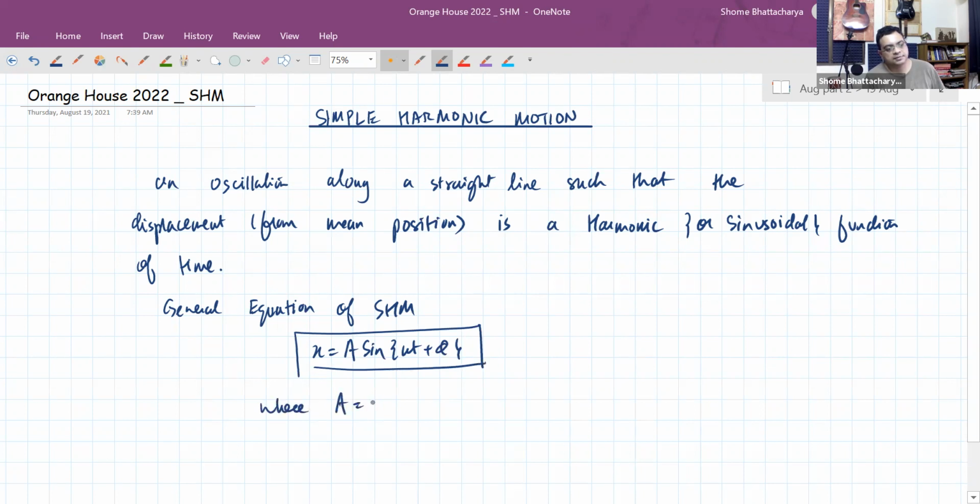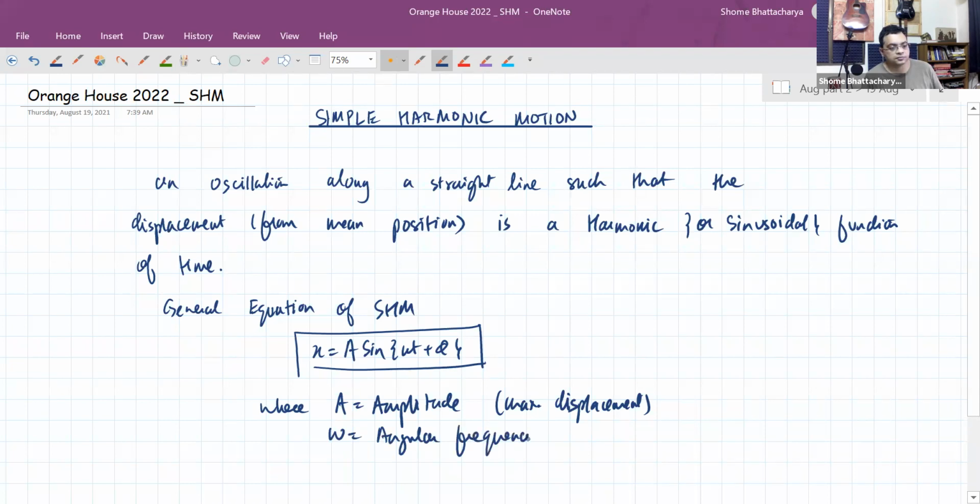Where A is the amplitude, so that is the maximum displacement. Okay. And omega is called the angular frequency. That is how it is related to frequency or time period.